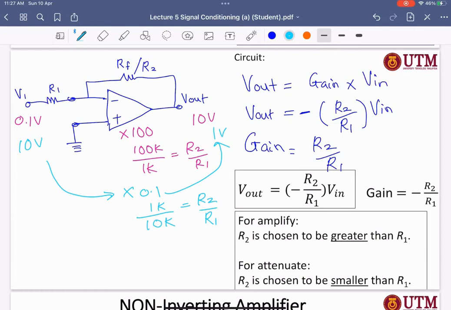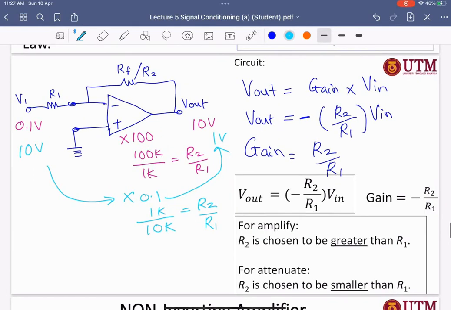So it depends on your application, what you will need. Okay, so this is the inverting amplifier.